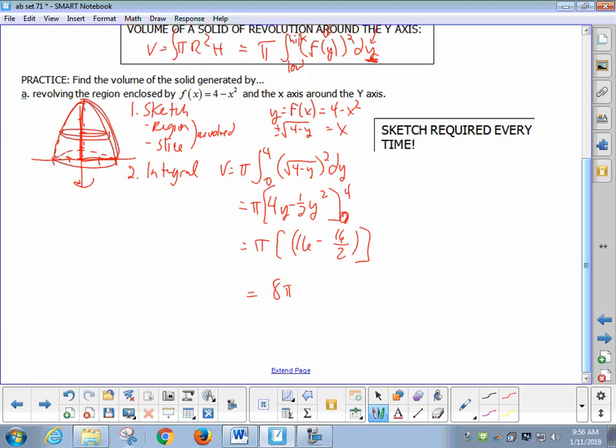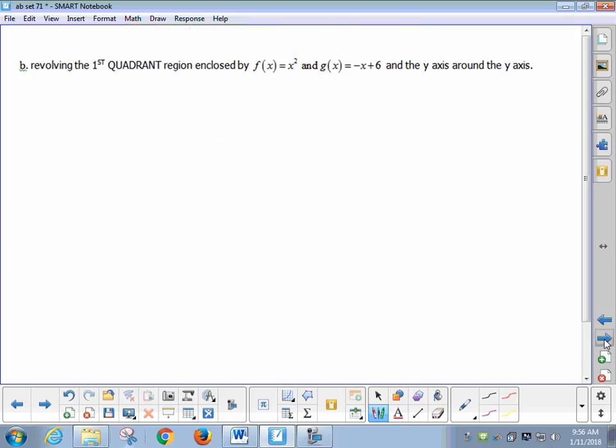Wait. Okay. In the interest of time, I'm going to skip. I'll set this one up. We'll talk about this, but then we'll skip forward here. Say I had y equals x squared, negative x plus 6, and the y-axis, first quadrant region.